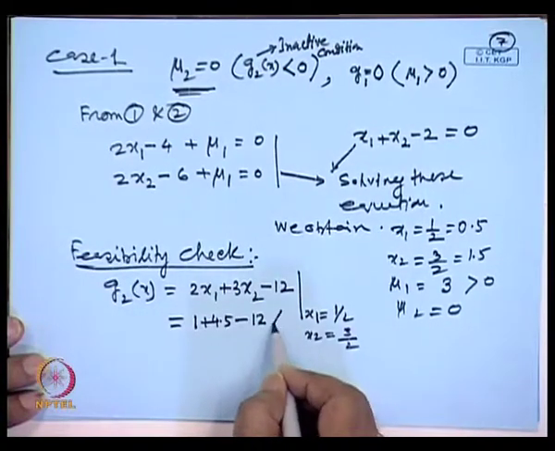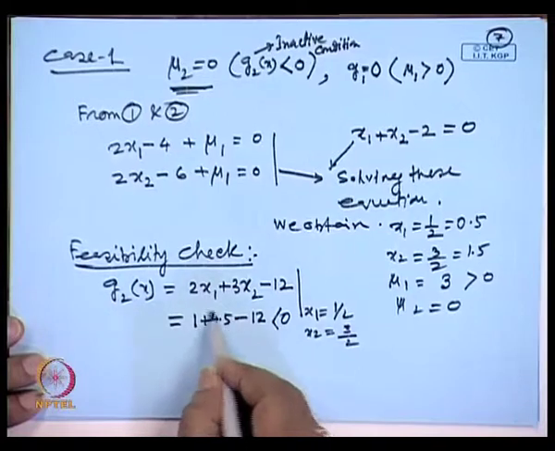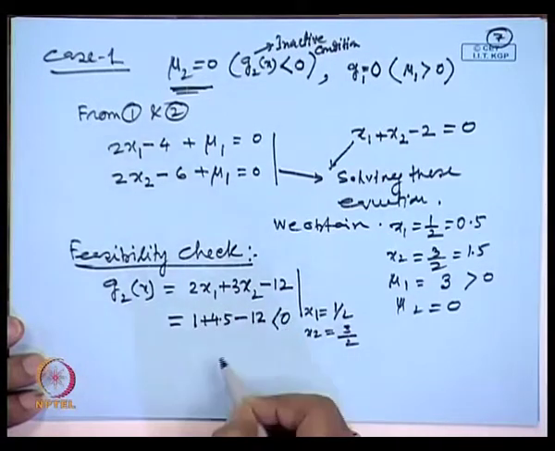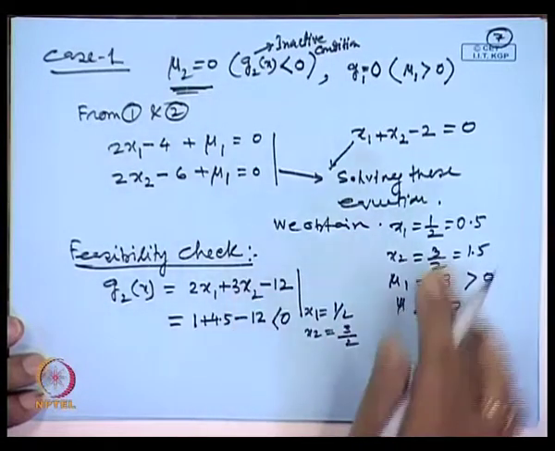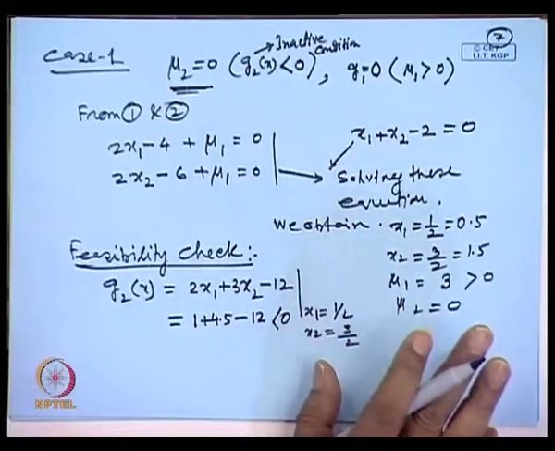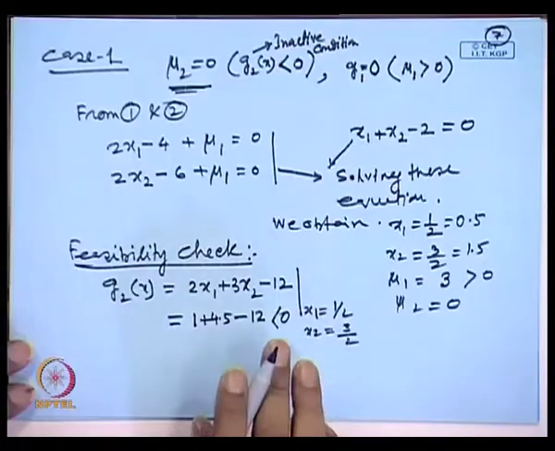That means 5.5 minus 12 is less than 0. So this satisfies the condition, and this point may be one of the points which may give the minimum value of the function. Agree? So, that we have to check next.